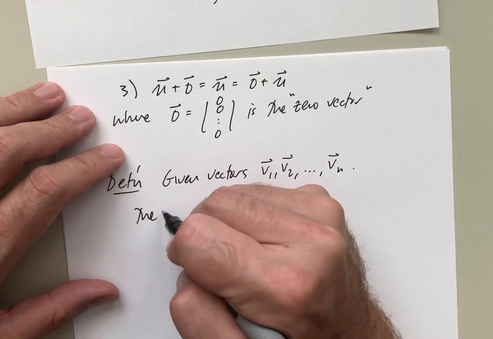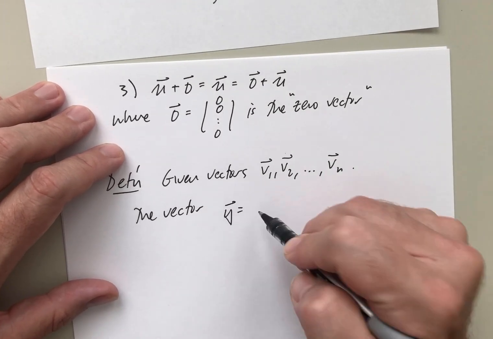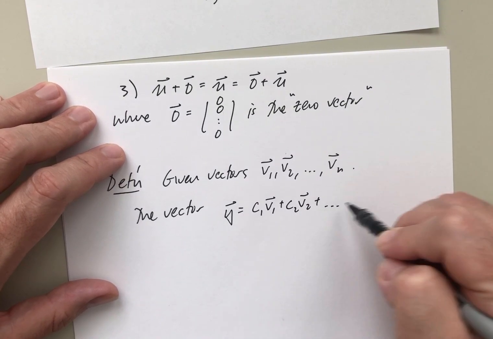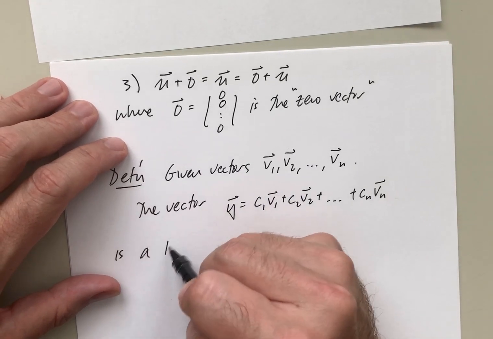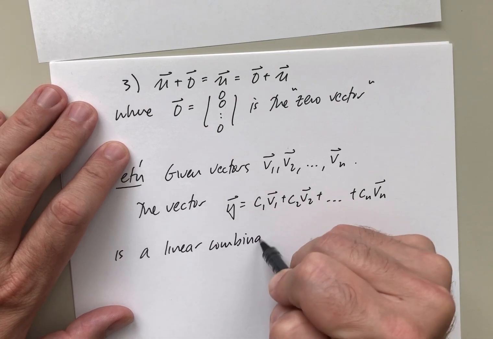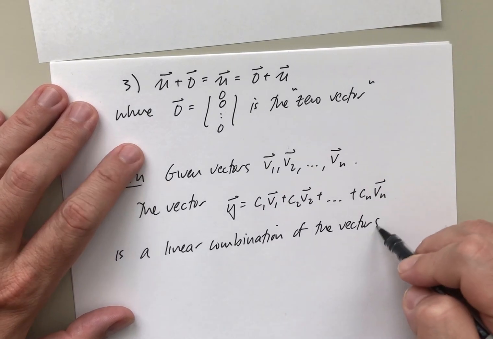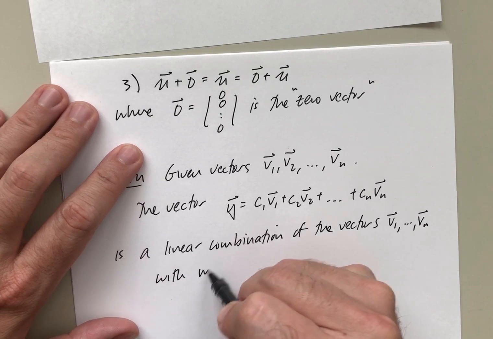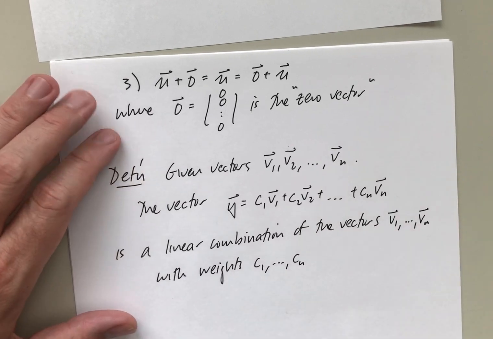The vector, let's call it y, which is c1 v1 plus c2 v2 plus ... cn vn, is called a linear combination of the vectors v1 through vn with what are called weights c1 through cn.